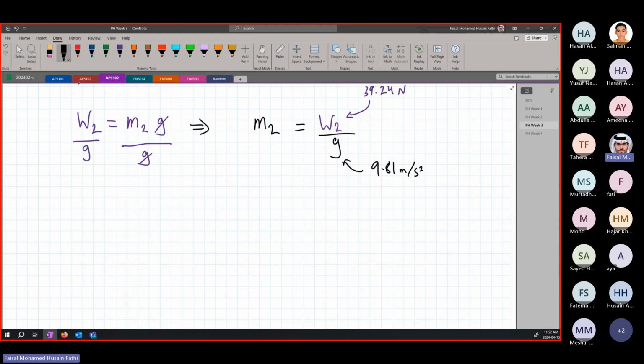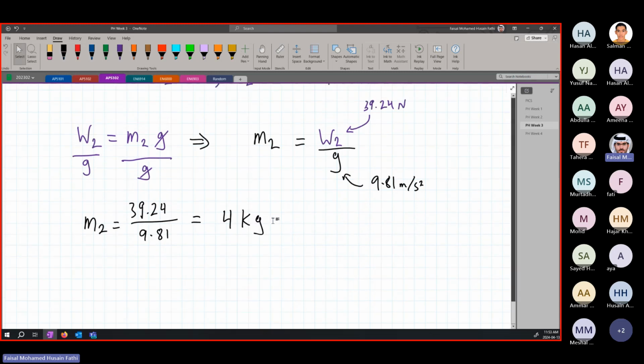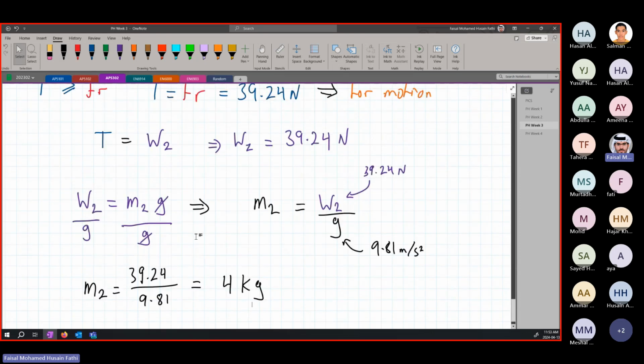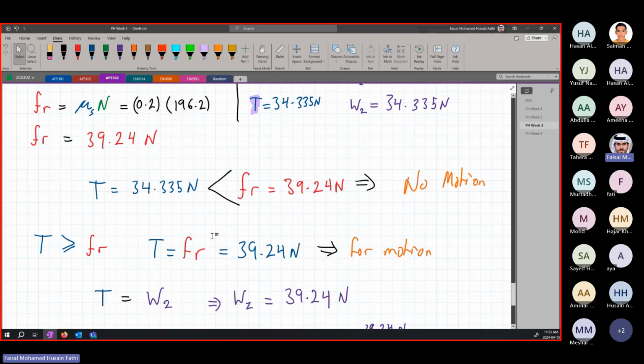So M2 is equal to 39.24 divided by 9.81, which is equal to 4 kilograms. So the total mass on the right side has to be 4 kilograms at the very least, so that this will be able to overcome the friction force.